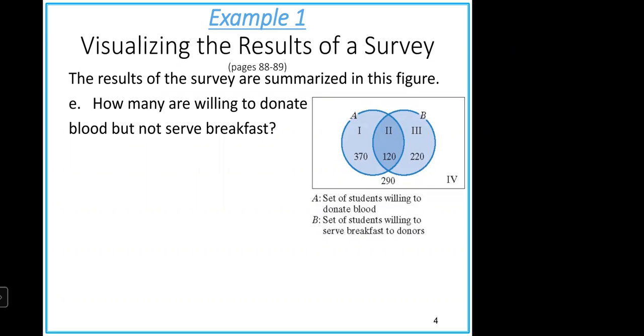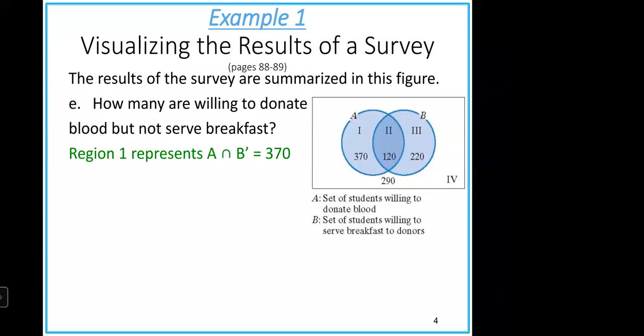Those persons are willing to donate blood, but they are not in the circle for those willing to serve breakfast. Oh, that's true, so it's just the 370. So how many people are willing to donate blood but not serve breakfast? That would be just the section A in this case. Okay, so that would be 370.